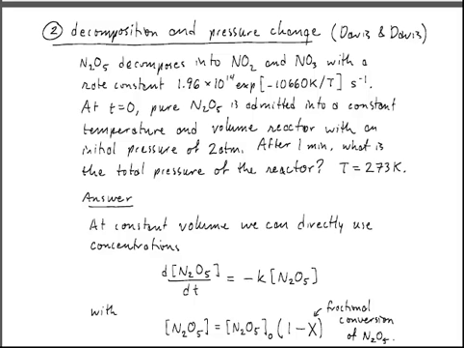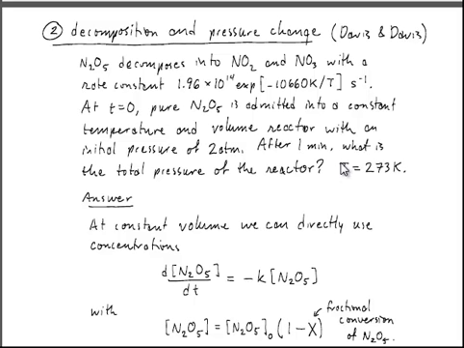That is the prefactor times the exponential, and the number 10660 Kelvin is the activation energy divided by the gas constant. At time t equals 0, pure nitrogen pentoxide is placed in the reactor at constant temperature and constant volume with an initial pressure of 2 atmospheres. After 1 minute, we are to answer what is the total pressure in the reactor. The temperature for this reaction is 273 Kelvin.